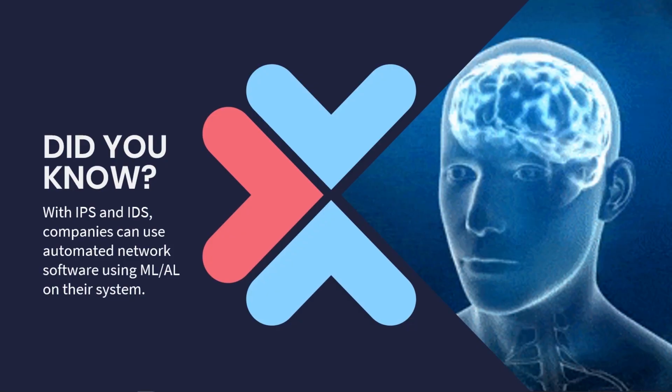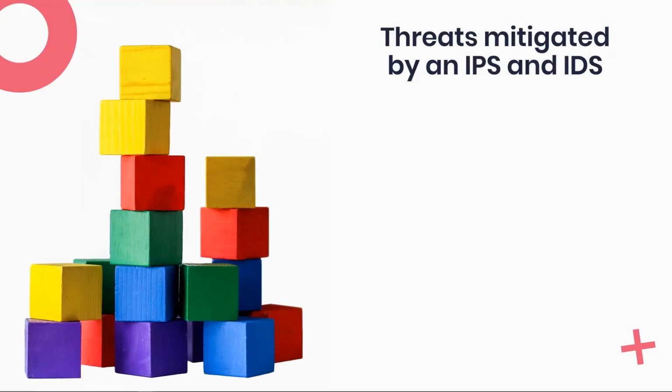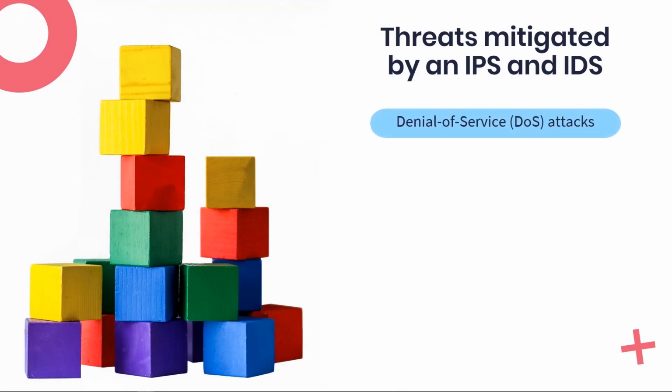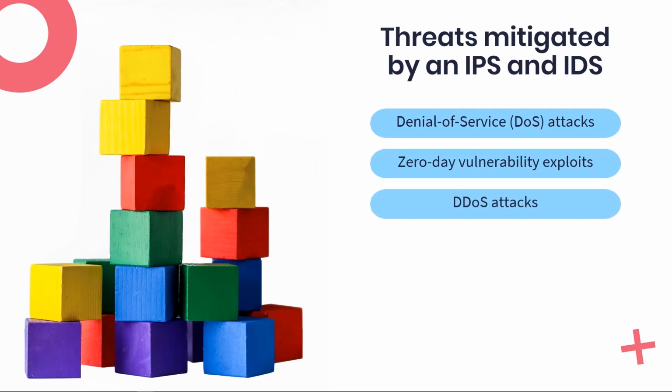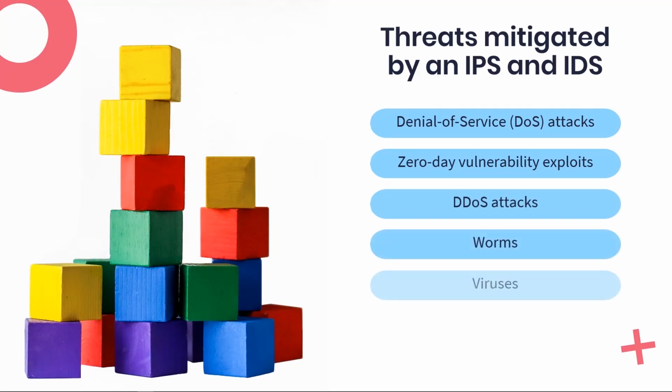This will help them to make more comprehensive security decisions based on the configuration set by the network administrator. IPS and IDS solutions can prevent and mitigate various threats on a network, including denial of service (DoS) attacks, distributed denial of service (DDoS) attacks, zero-day vulnerability exploits, worms, viruses, and Trojans, and many more.